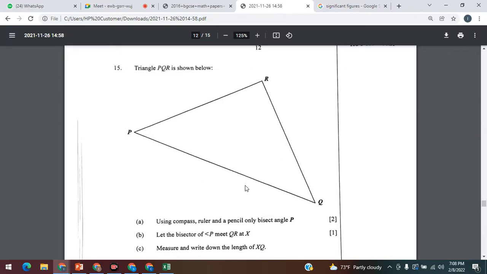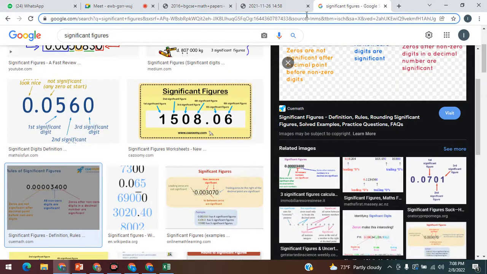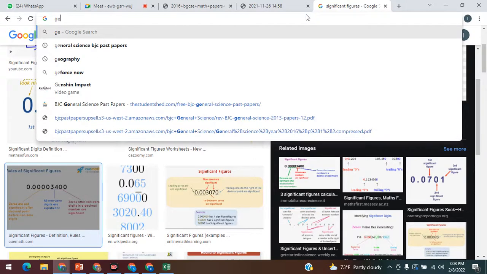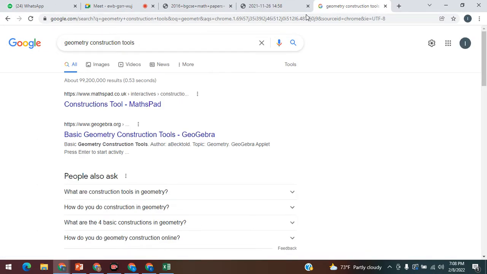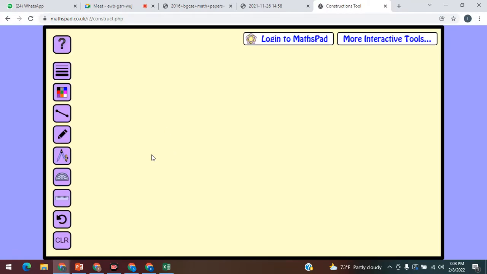All right, so let's do this. I'm just going to do it so you can get a sense of how you're supposed to go about it. Okay, so make sure that if you're not speaking, your mic is muted. So our triangle looks something like this.